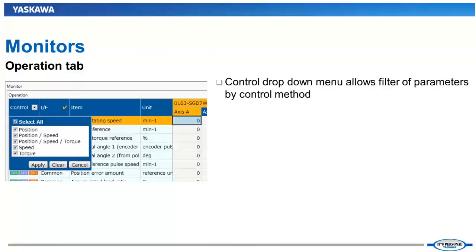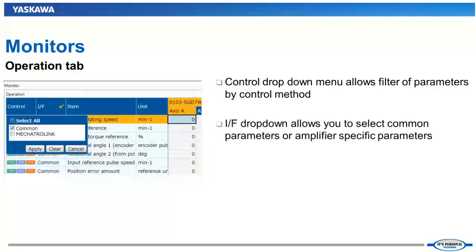Just to note, there are a few filters for these monitor sections. So for the operation tab, you have your control selection, so what parameters that apply to certain control modes, position, speed, torque, and any combination of such. You've got your IF drop-down, which allows you to select between common parameters or network-specific parameters, in this instance, MECHATROLINK.